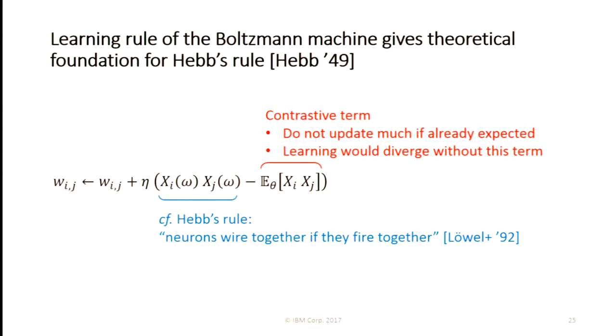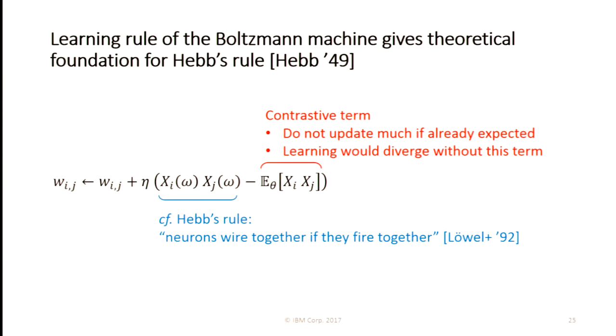What is equally important is actually this second term, which has nothing to do with the Hebbian learning rule. It says that we don't update w_ij so much if it is already expected that these two units fire together. Without this second term, the learning actually diverges.